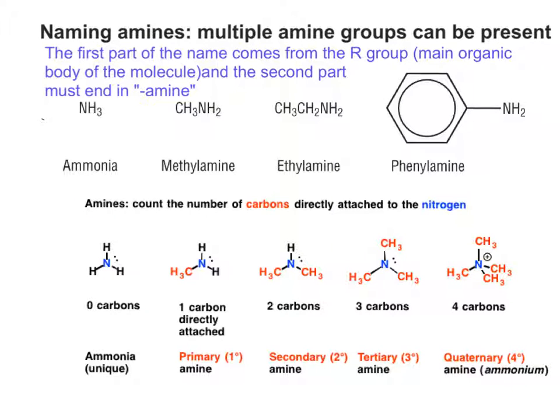So not surprisingly, the first part of the name comes from the R group. What we mean by that is the main organic body of the molecule, and the second part must end in amine. So if we were to highlight each of these structures, the methyl bit, ethyl bit, and the phenyl bit.